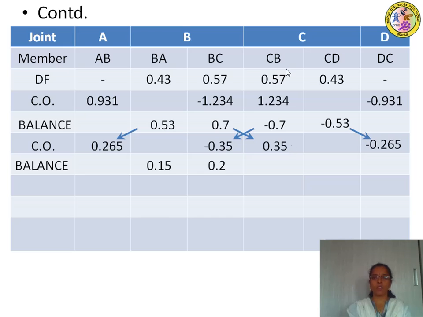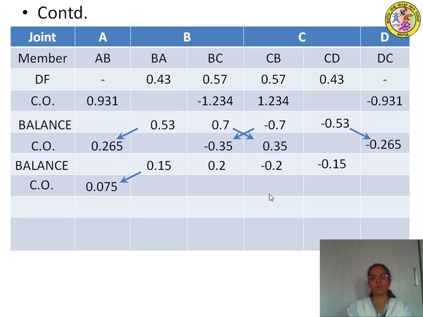So minus 0.35 into 0.57 will be minus 0.2, minus 0.35 into 0.43 will be equal to minus 0.15. So next, carry over from BA to AB, half of 0.15 will be equal to 0.075.